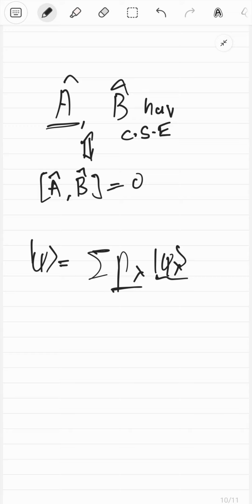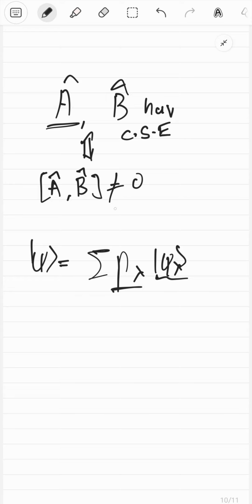If a gets the value lambda, then b must get the value mu. Whenever knowing the value of a completely determines the value of b, these are called compatible operators, as in we can find the values of a and b at the same time without any uncertainty.